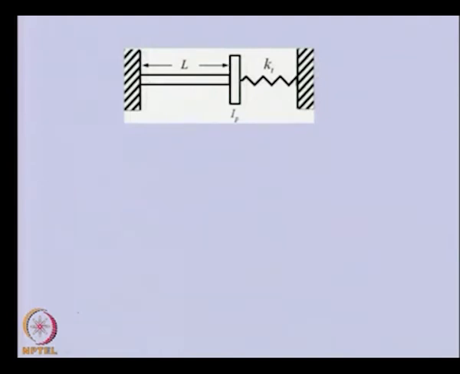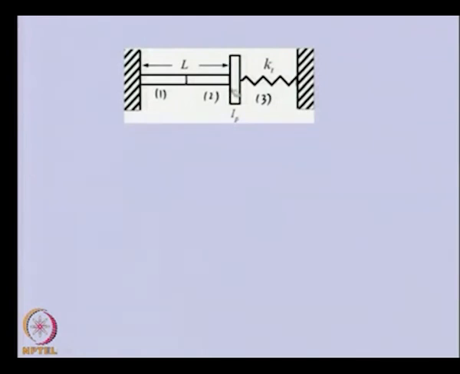Now let us see how we will discretize this particular system. As I mentioned, I will discretize this shaft into two elements, and this will be the third element.